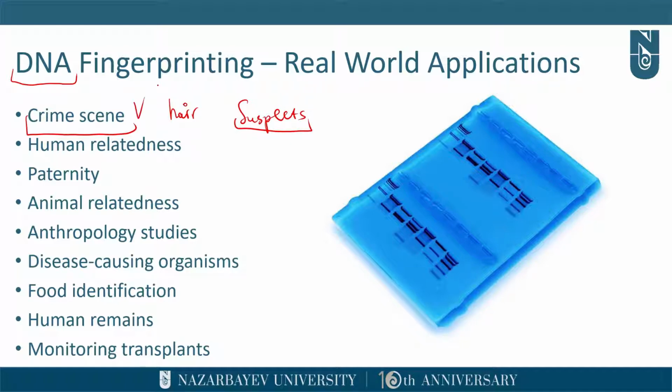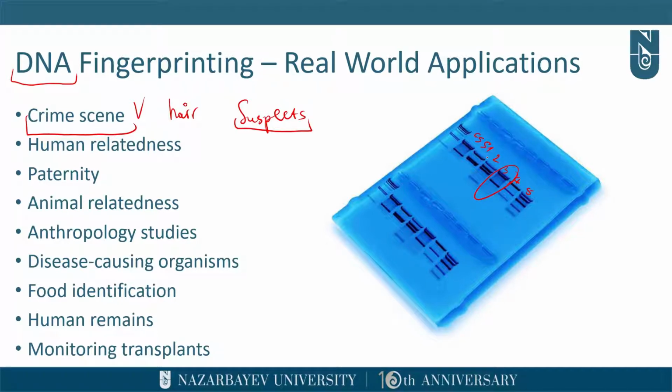So what we do, we use the restriction enzymes to identify the fragmenting of DNA samples. So let's say this is the crime scene, and here we would have the suspects 1, 2, 3, 4, and 5. So let's say that suspect 3 has actually the same pattern of fragments on the gel.